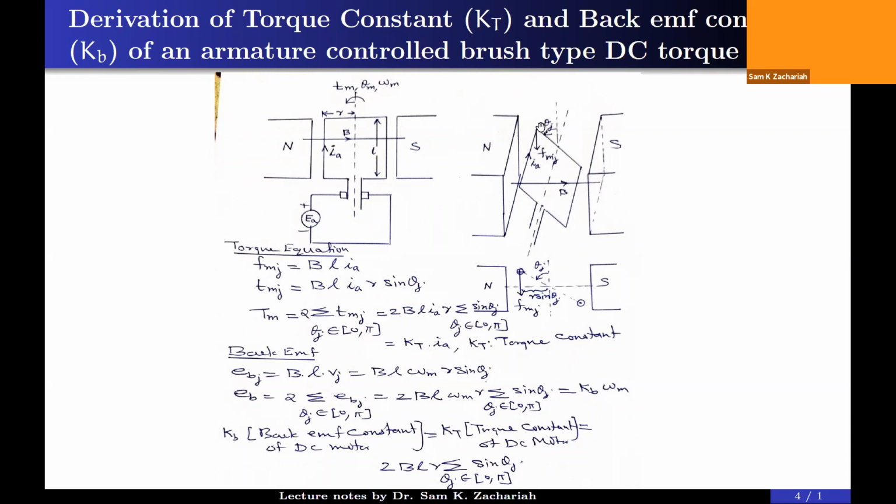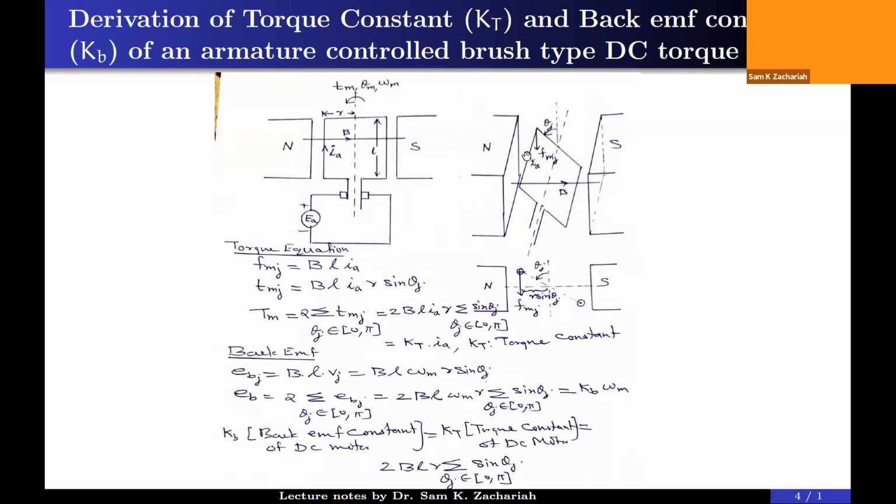I will show you. Now consider only a single conductor, and the force acting is given by Fleming's left-hand rule. If you take your left hand and keep the index finger along north to south and align your middle finger along this IA, then you can see that the direction of the force will be downward.